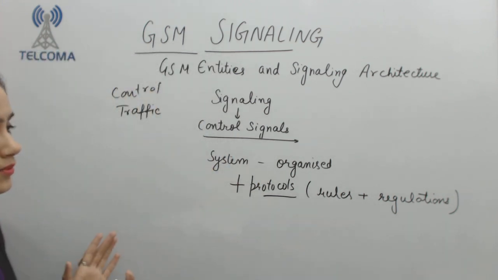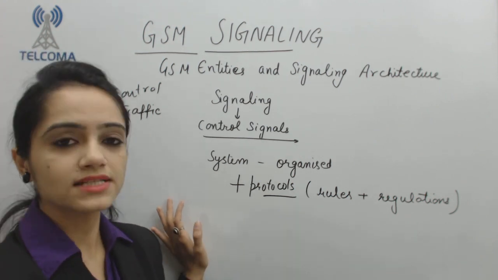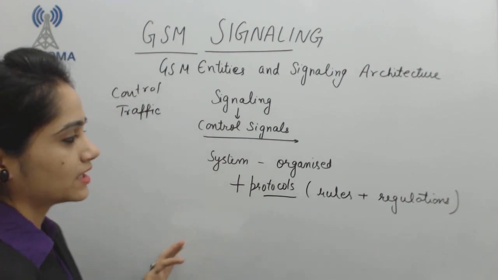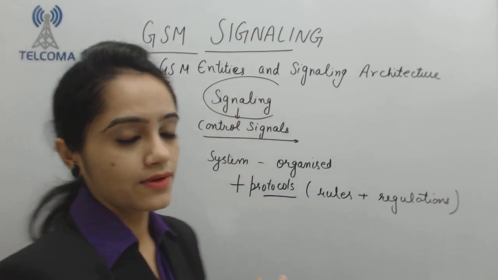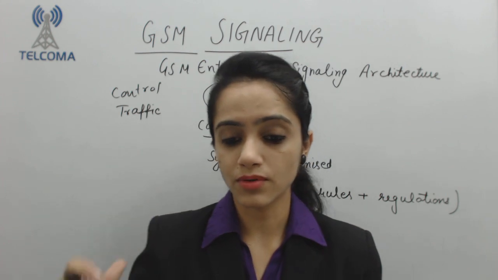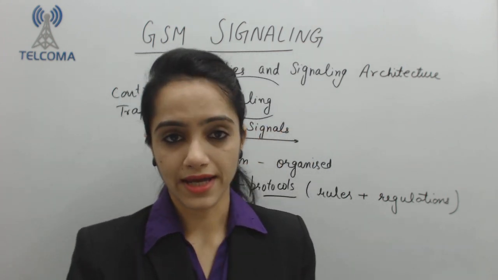So I require to add these protocols to my system so that GSM, Global System for Mobile Communication, works properly. This is my signaling part. Today we are going to discuss what the protocols are and in which entities they are organized.